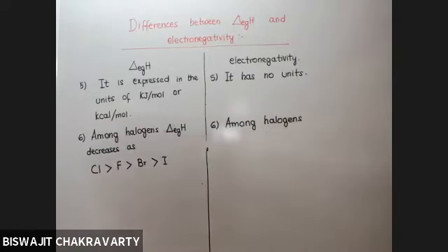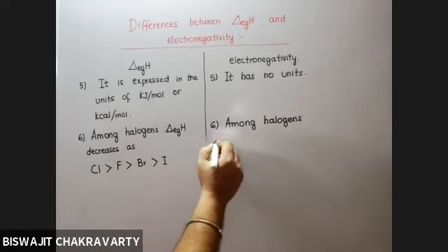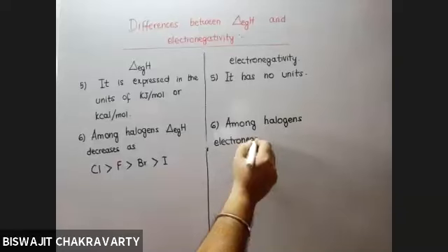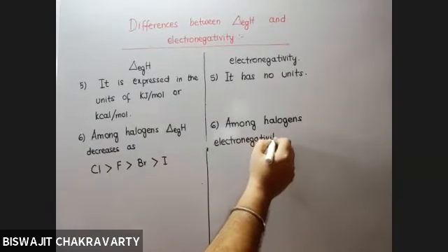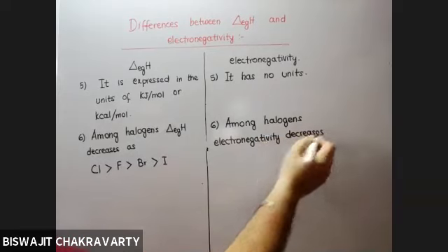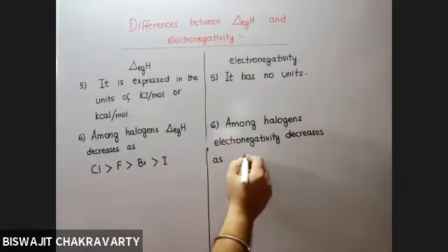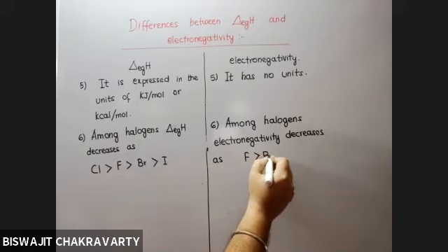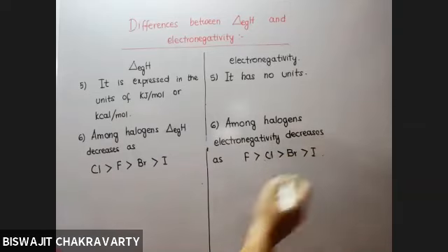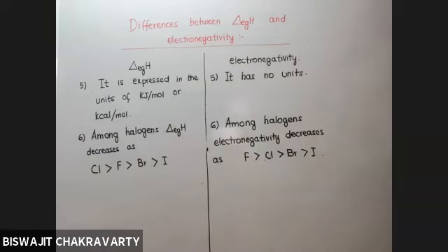Among halogens, electronegativity decreases as fluorine, chlorine, bromine, and iodine. These are six sufficient points to differentiate between the two types.